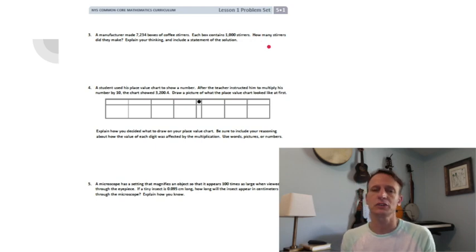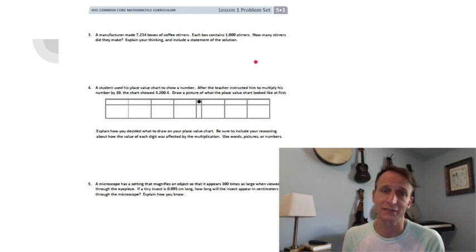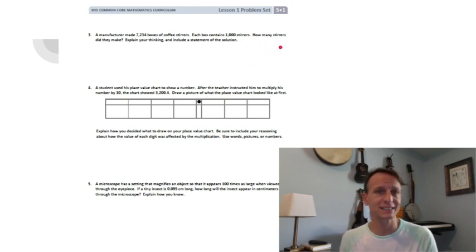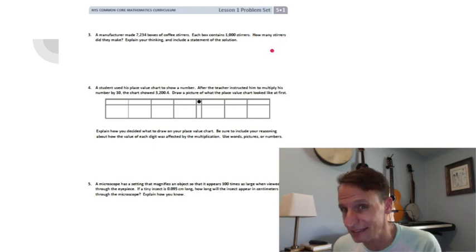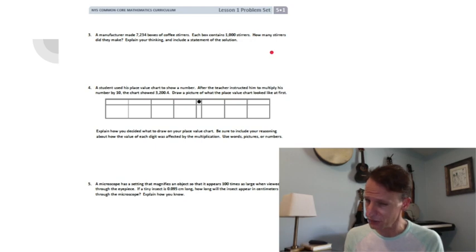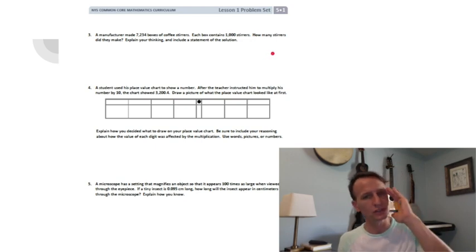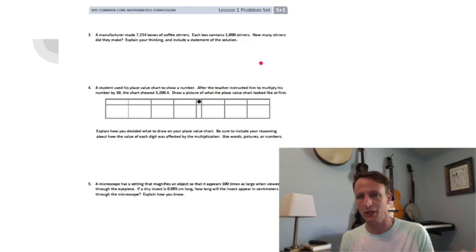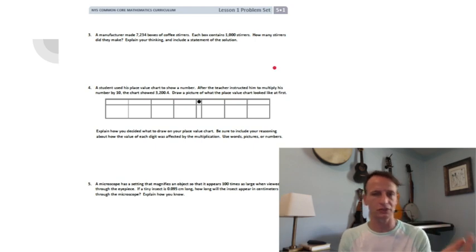Well, let's say you did the wrong operation and you ended up with a number that was around, I don't know, like 7. So they made 7,000 boxes and that resulted in having 7 coffee stirrers? I think something's wrong there. Okay, so use the does my answer make sense question to check these, because if you are off with multiplication or division, it's going to be obvious, all right?